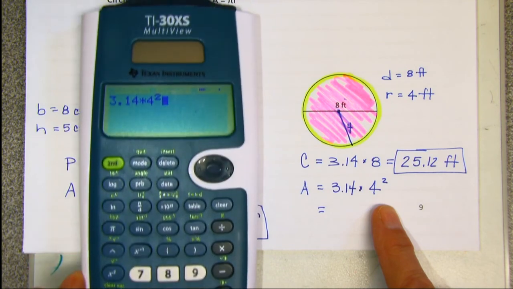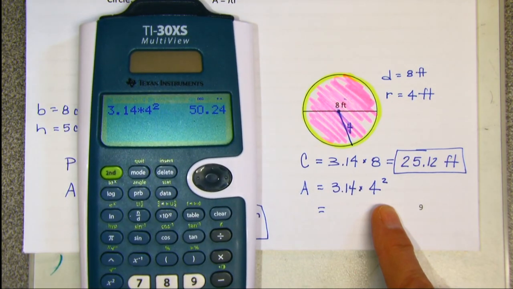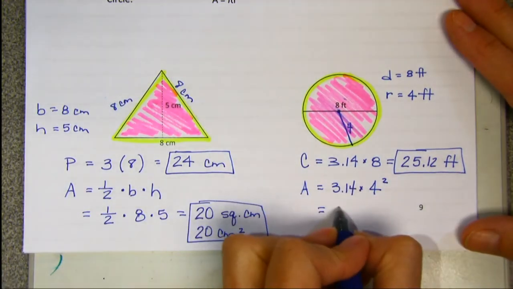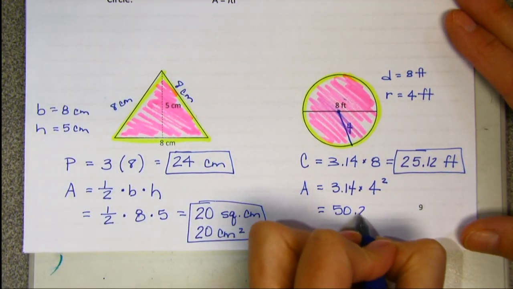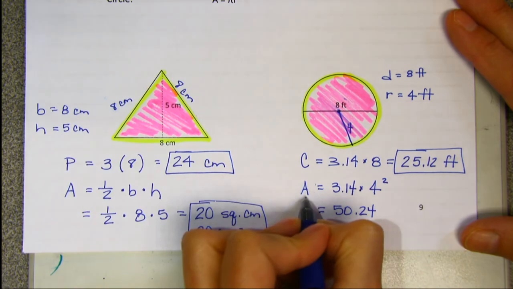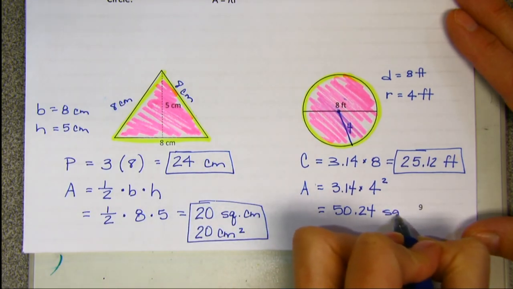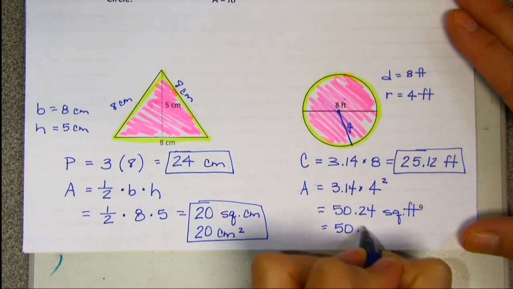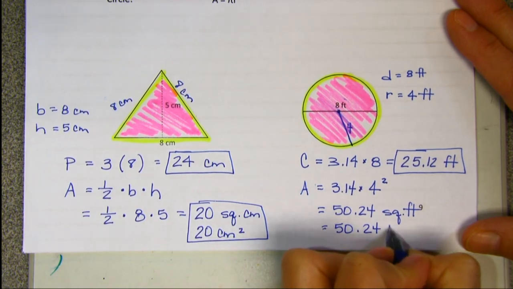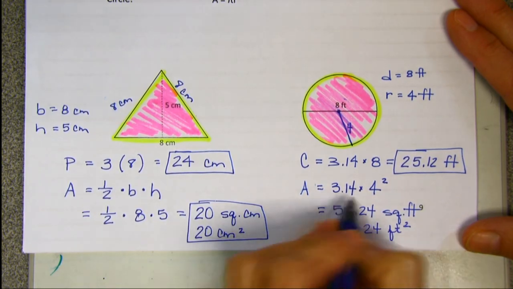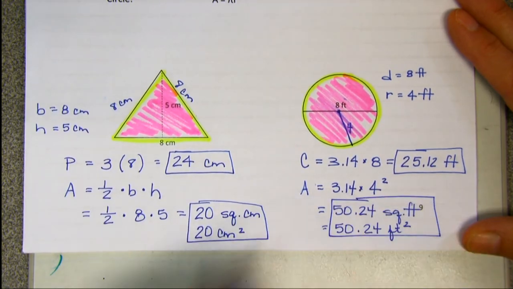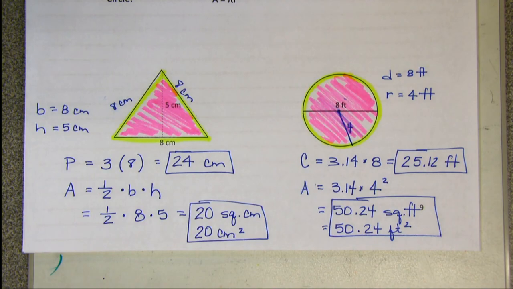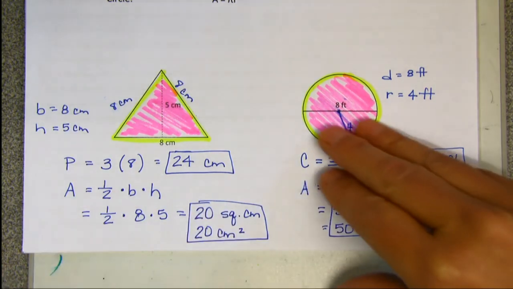When you push that, it will square that for you, and then you push equal, so you get 50.24. And since we're talking about area, it's going to be square feet, or you could put 50.24 feet to the second power means it's squared. So there's using the formula for triangle and circle.